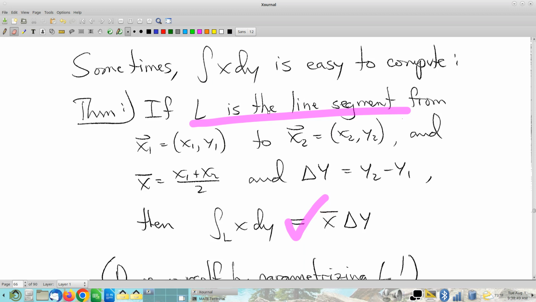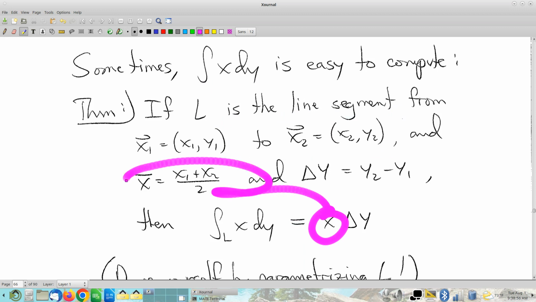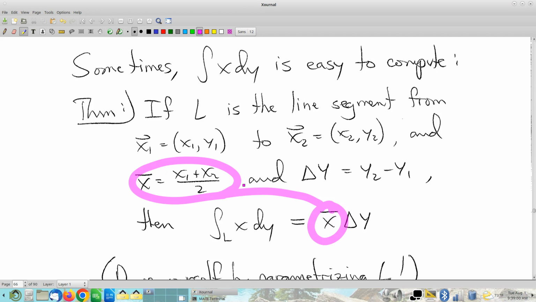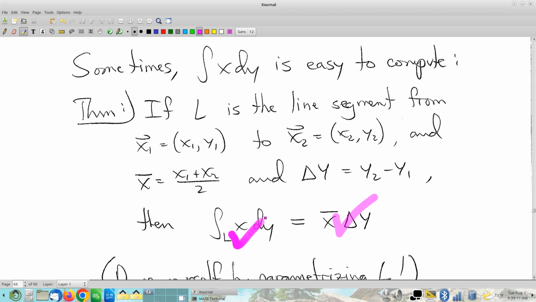All you have to do is take your starting point and your ending point, look at the average value of x, the average of the x coordinates, and then you multiply by the change in the y coordinates, ending minus starting. There's your formula to compute this line integral.